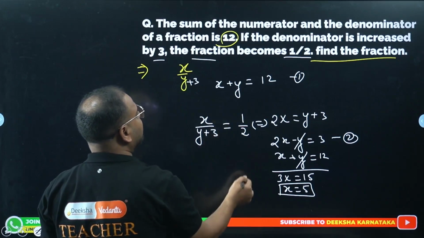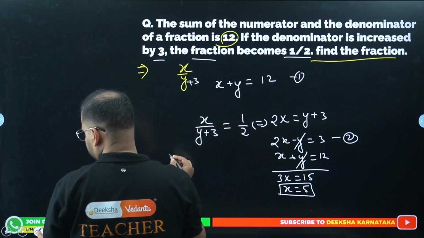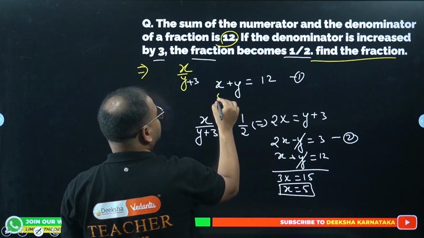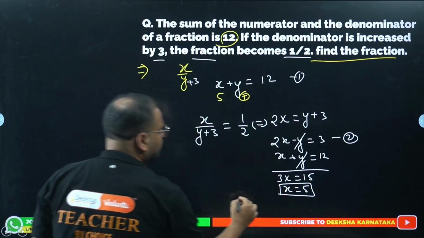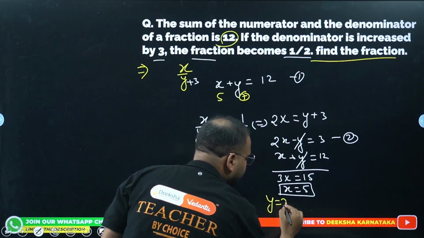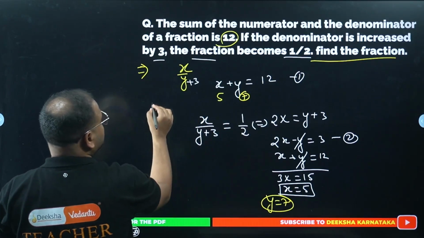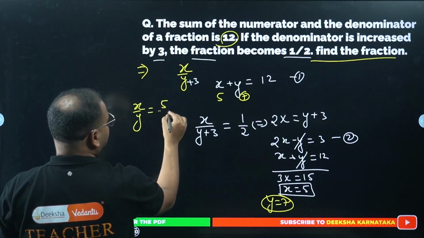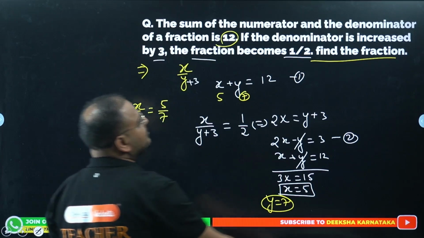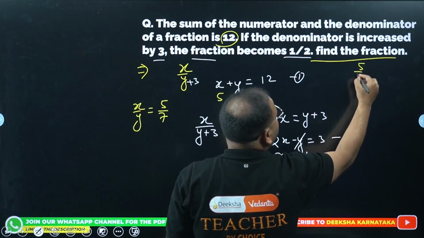If x is 5, what is y? Has to be 7, no? 7 plus 5 is 12. So y is going to be 7. My question is x by y. x is 5, y is 7. The answer of the fraction is 5 by 7.